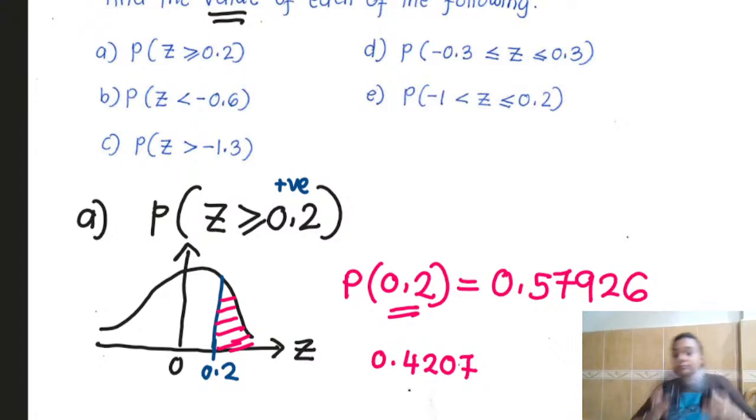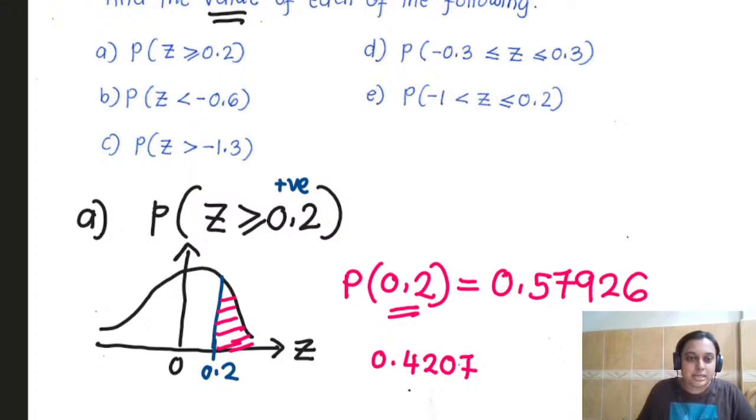Wait one minute. Okay, continue back. 0.4207, right? Actually, this should be the answer already. 0.4207.